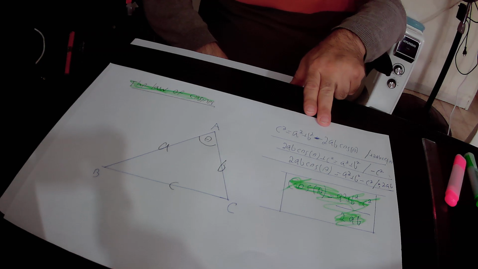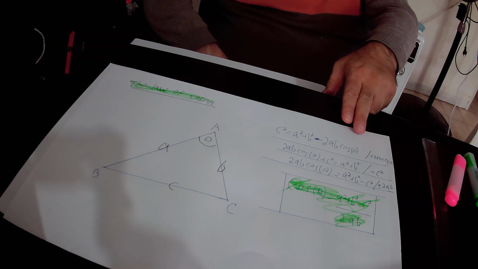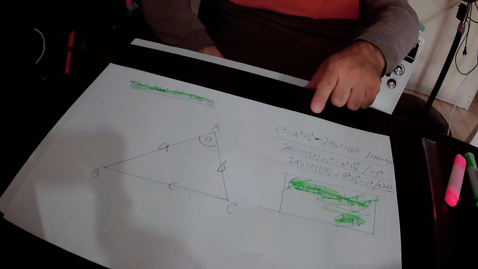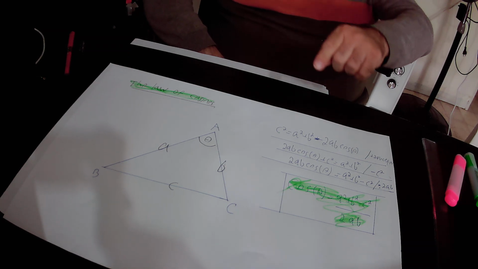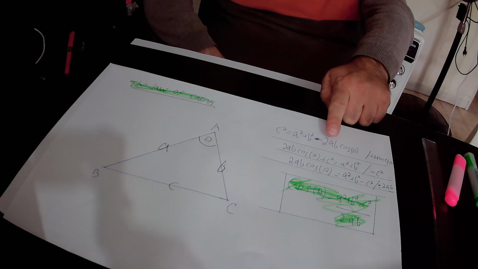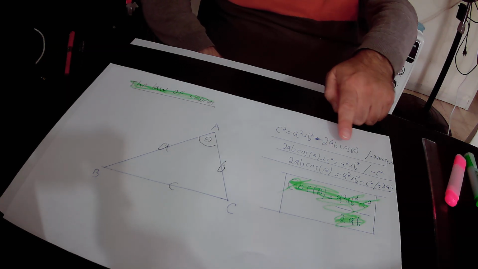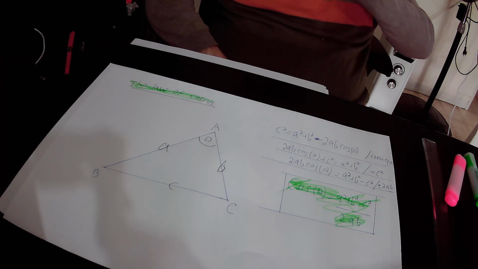If we add to this equation 2 times AB cosine theta, we get that C squared plus 2 times AB cosine theta equals A squared plus B squared. Then if we subtract C squared, we get that 2 times AB cosine theta equals A squared plus B squared minus C squared.